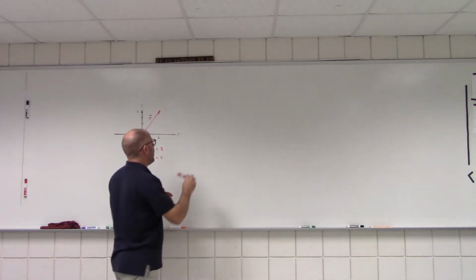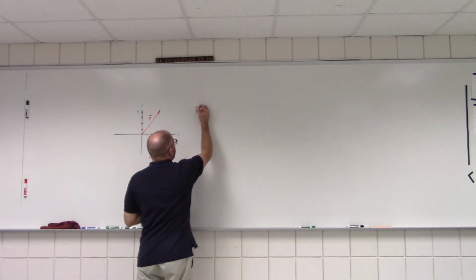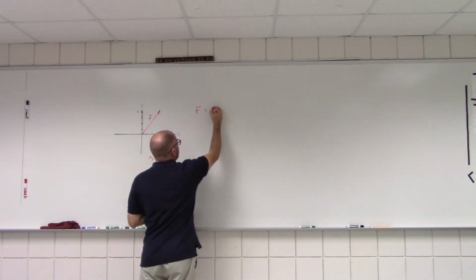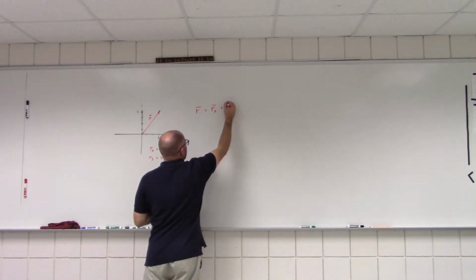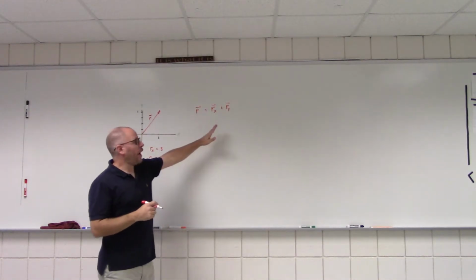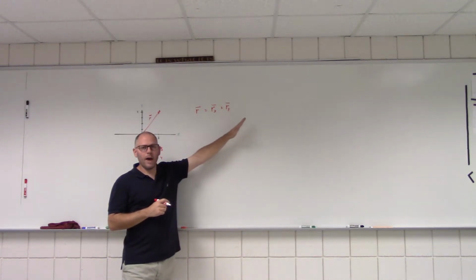There's a couple ways. I could say that the R vector itself is equal to the Rx vector plus the Ry vector.